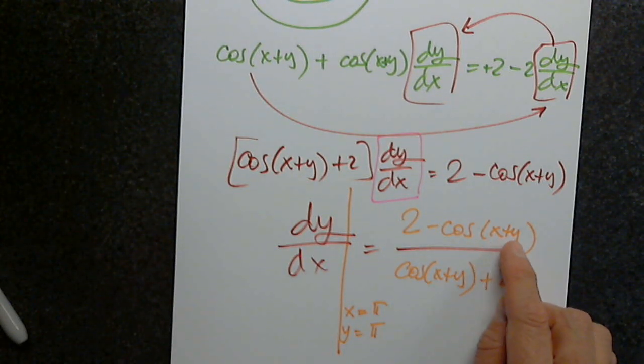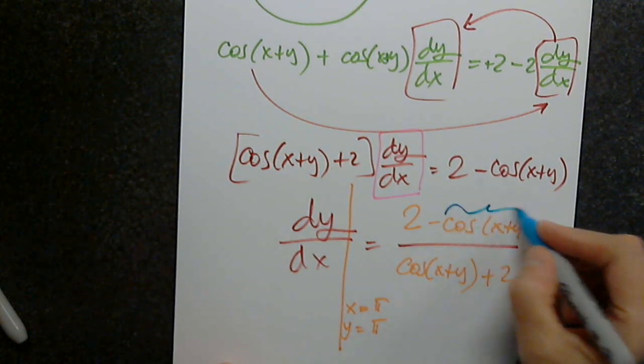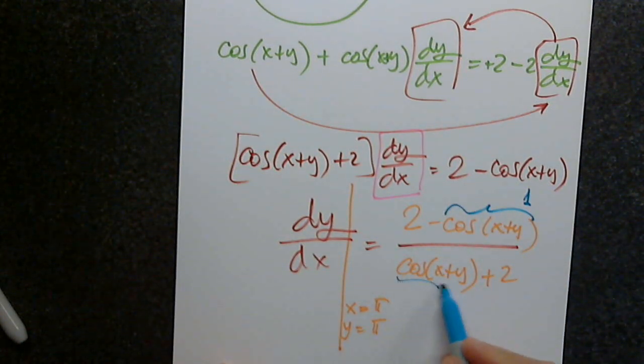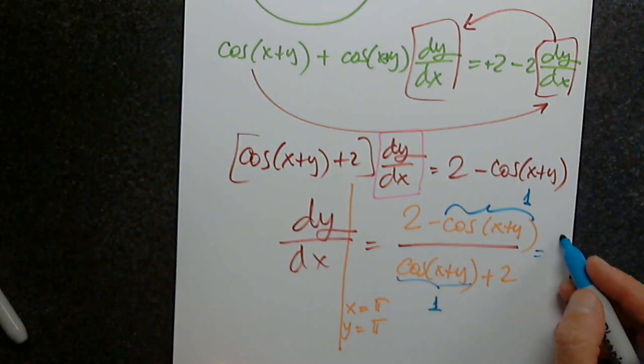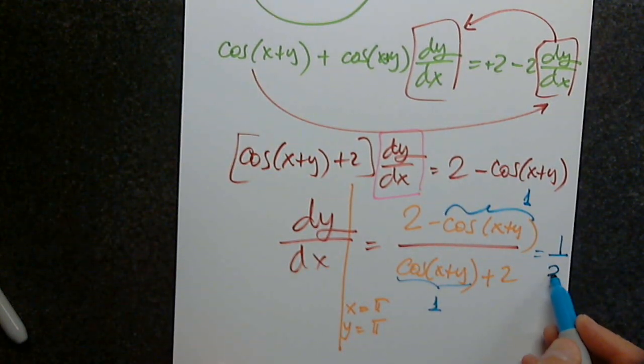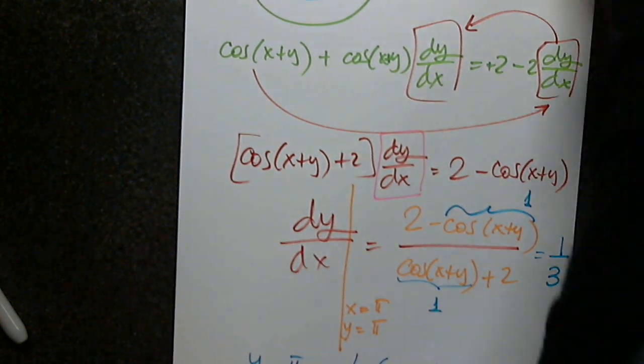Okay, how much is pi plus pi? How much is cosine of 2 pi? 1. So this is 1. This is 1. The top is 2 minus 1, and the denominator is 3. And now I have everything I need. So I have y minus pi equals 1/3 times (x minus pi).